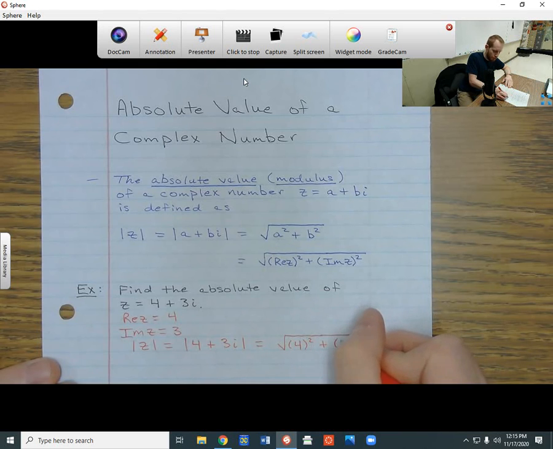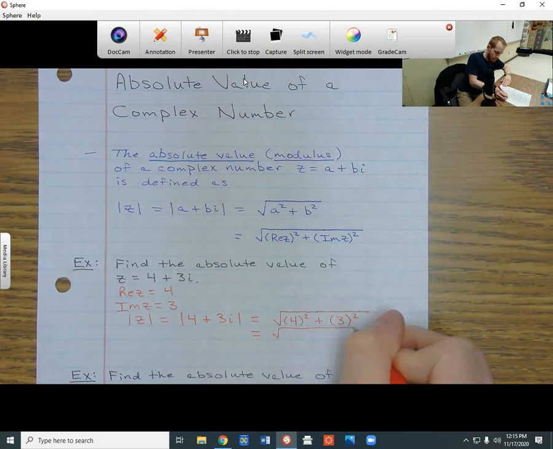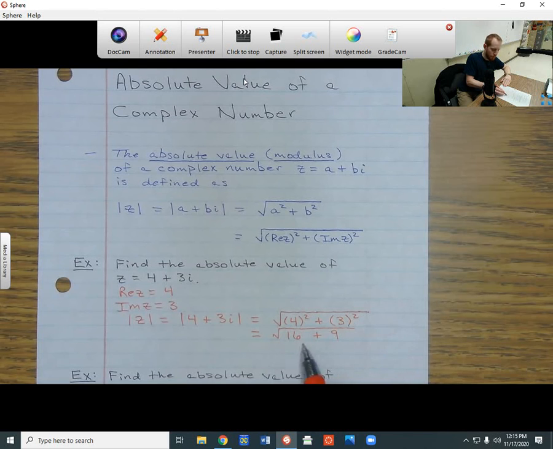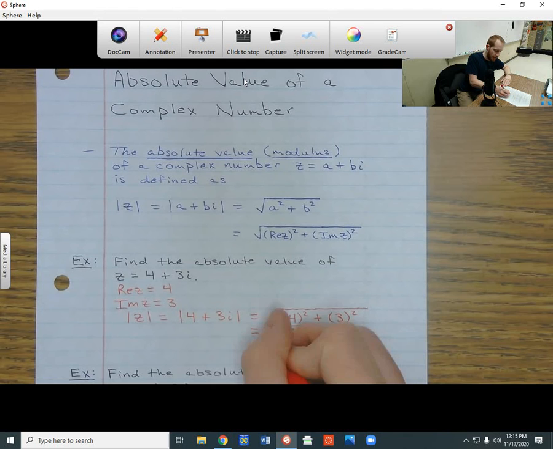And then we just see what happens. So, if I square 4, I'm going to get 16. And if I square the 3, I'm going to get a 9. So now, under the square root symbol, I have 16 plus 9. And I know that 16 plus 9 is going to give me 25. So this is equal to the square root of 25, which is 5. So that's going to be my absolute value.